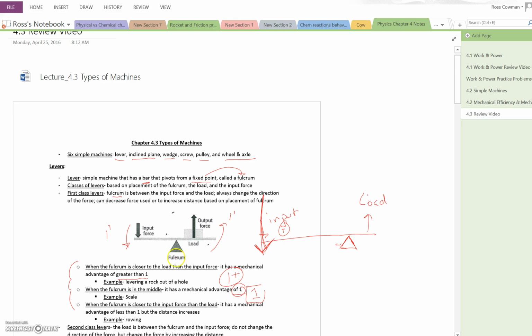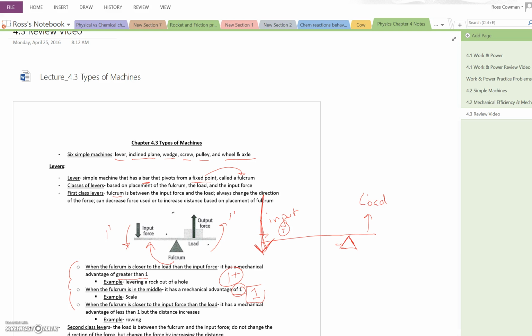If you have a fulcrum that is closer to the input force, so it's moved over here, it's got a mechanical advantage of less than 1, but the distance increases. For instance, if any of you are thinking about doing rowing or have done rowing before, you know that as you pull on the oar, you move that oar a relatively short distance, but it travels a great distance in the water.